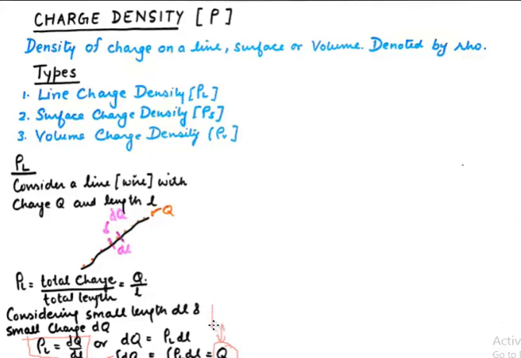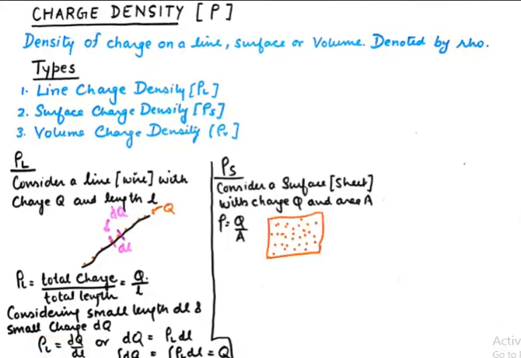This is total charge, and the total charge becomes integral of rho L dl, and this is line integral. So this is a very important form of writing the total charge in terms of the charge density, that it is rho L dl, line integral.